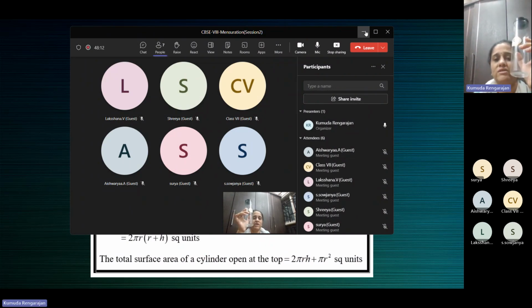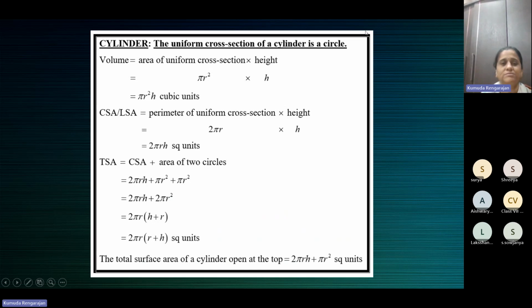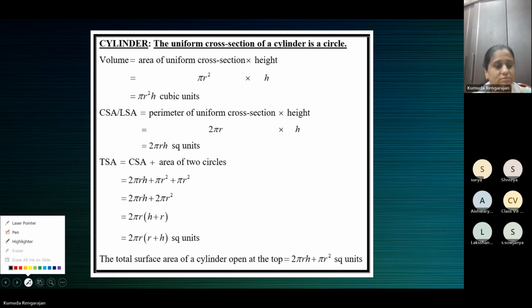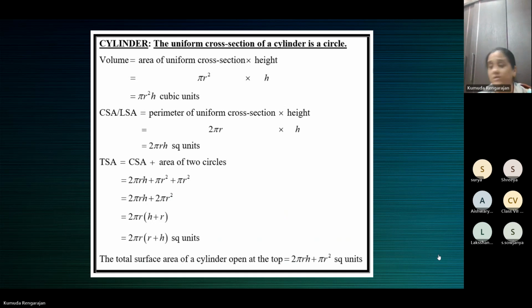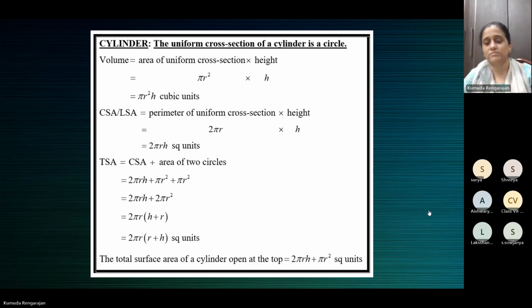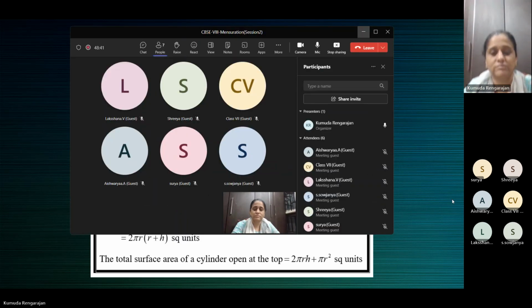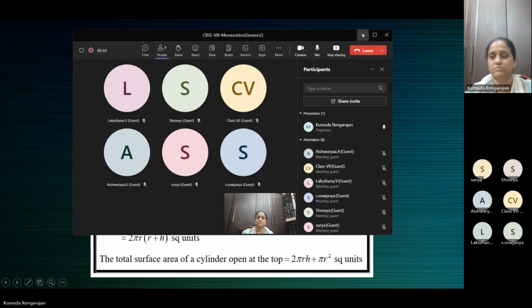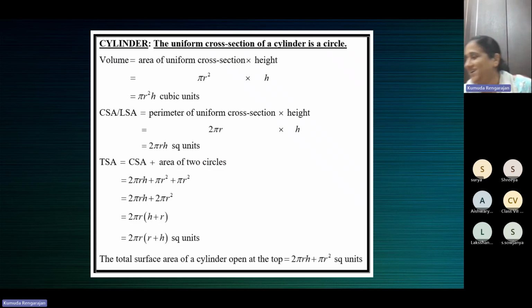Okay, so let's go ahead and check the formula for cylinder. Volume: area of the uniform cross section into height.